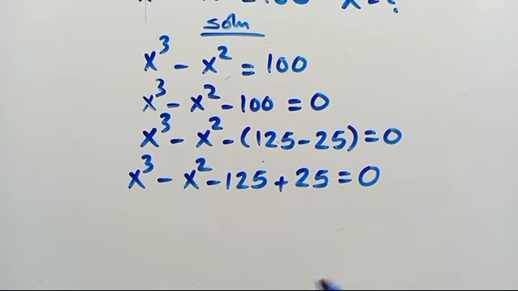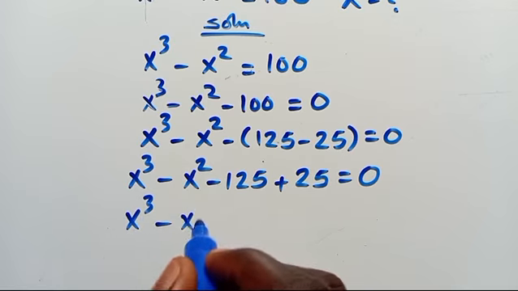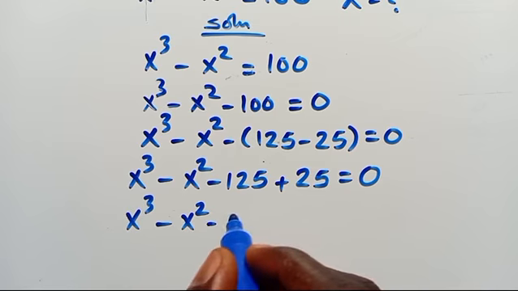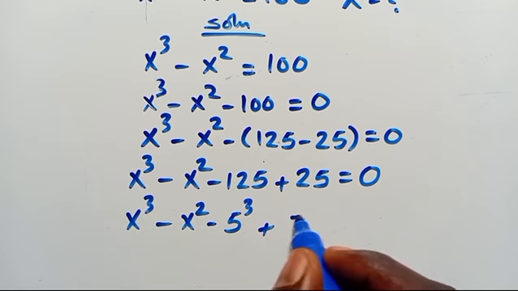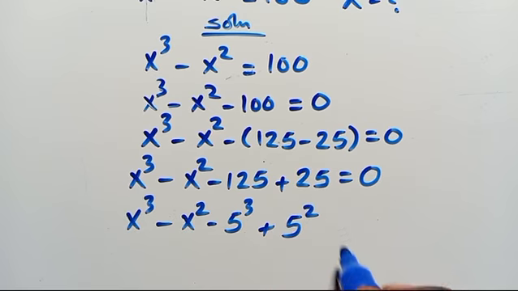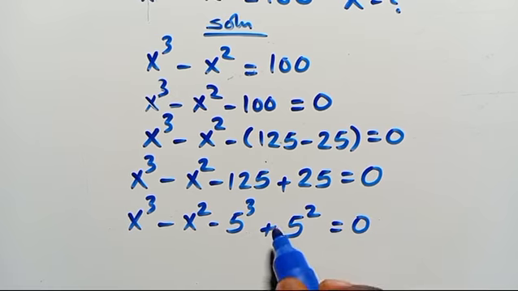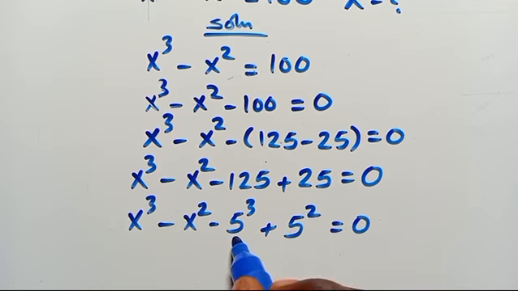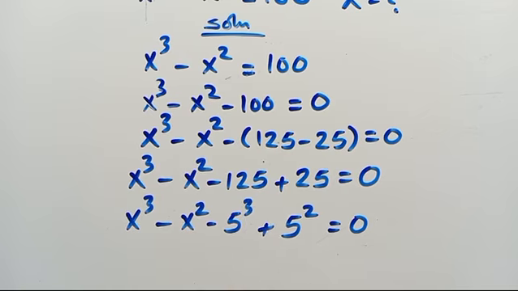Now from here, we have x to the power of 3 minus x squared. Let's write 125 in base 5 as 5 to the power of 3, and here will be plus 5 squared equals 0. 5 squared simply means 5 times 5, which gives us 25. 5 to the power of 3 means 5 times 5 times 5, which gives us 125.